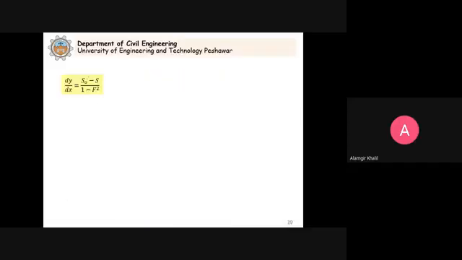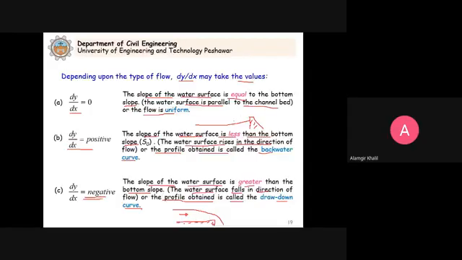Now this is the equation that we just discussed. For example, in this case, I know that dy by dx is increasing. In this drawdown curve, I know because I saw the example earlier that it is decreasing. But for any other situation, how do you know that dy by dx is increasing or decreasing?